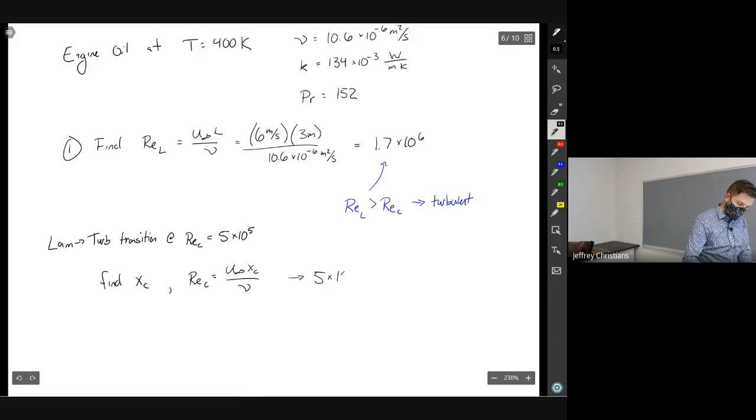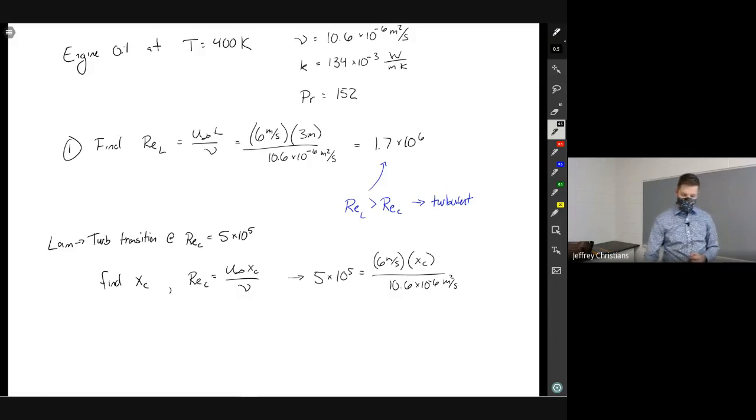So 5 times 10 to the 5 equals 6 meters per second times x over the kinematic viscosity.